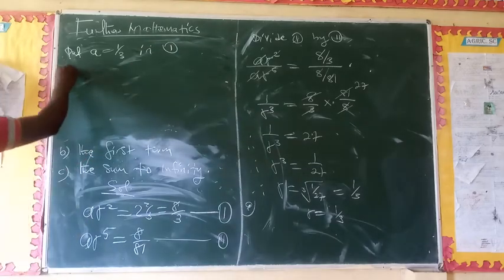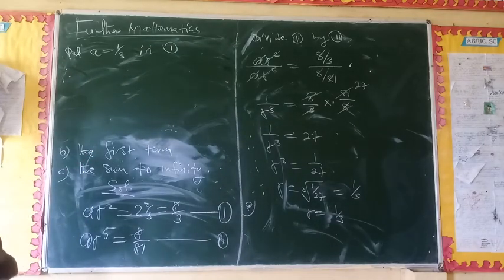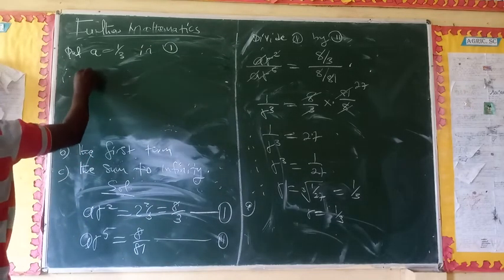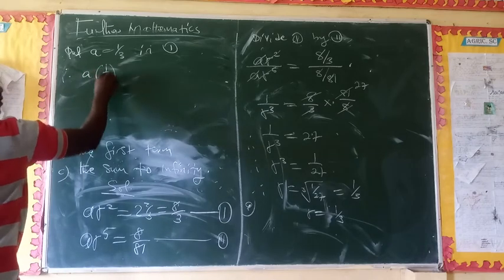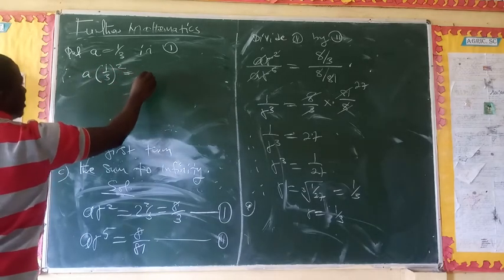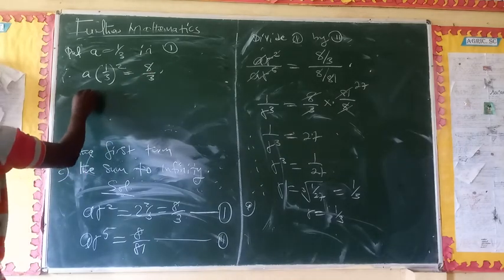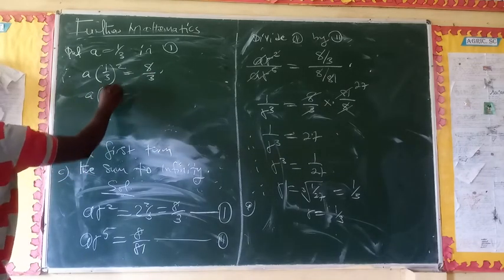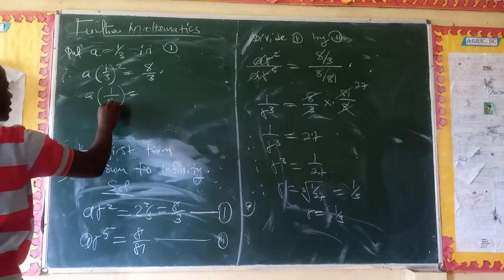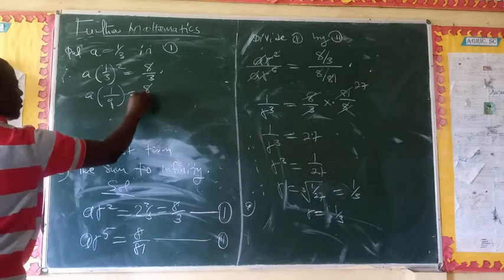If we do so, we are going to have a bracket 1 over 3 raised to power 2 is equal to 8 over 3. So we have a bracket 1 over 9 is equal to 8 over 3.